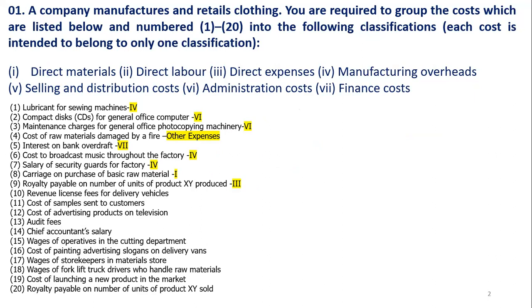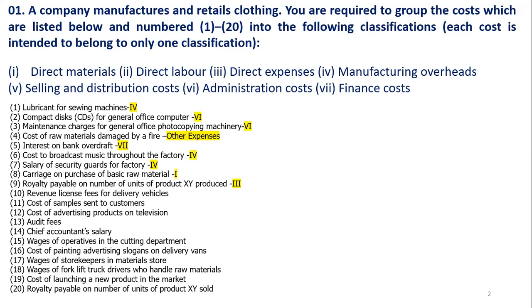Very correct. Then you have the revenue license fee for the delivery vehicles. So you are a kind of manufacturer and retailer. Therefore you may be distributing these clothes throughout the country. So in that, you need to make sure that you are doing things within the provisions of the law. Hence, you are to drive a kind of vehicle, so you need to obtain the revenue license.